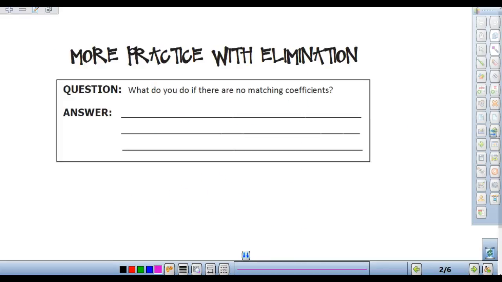So far, all of the problems that we have done, we've had a common coefficient, right? What happens if I don't? Yeah, okay. So, if I don't have matching coefficients, the first thing that you have to do is find the common coefficient.